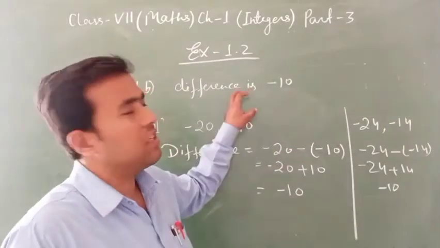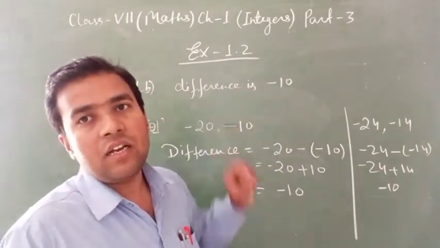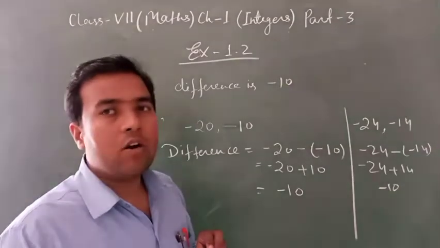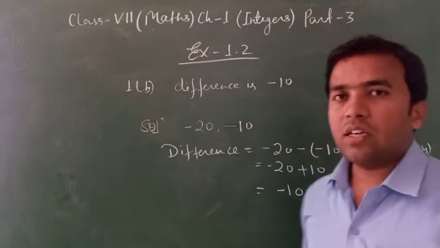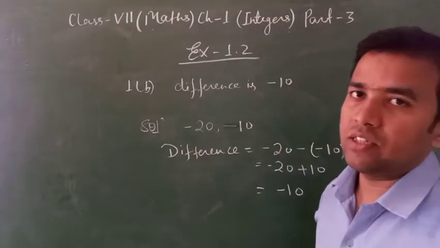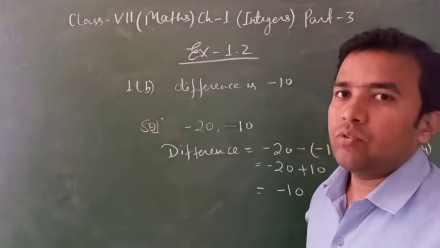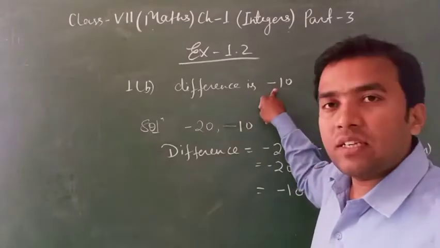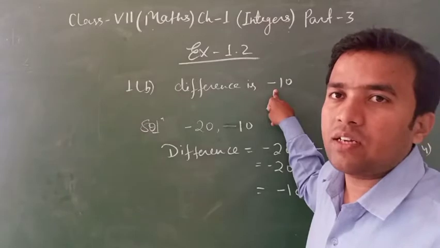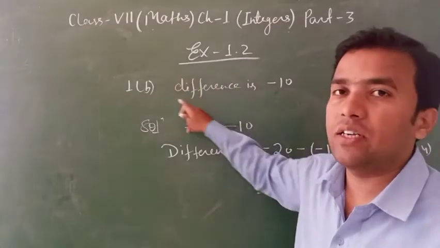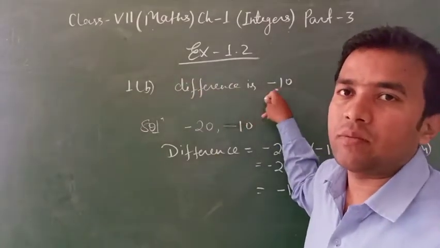Whatever is being asked, you think how you will get that number, and after that you take the integers. Here -10 is asked, so you think which two integers you will take so that when you find the difference, you will get -10.